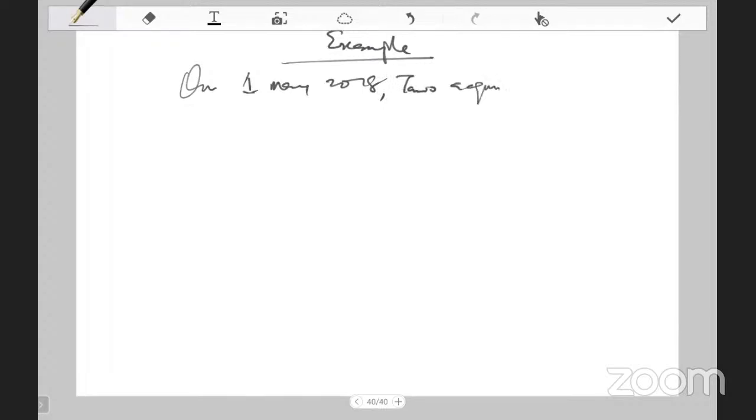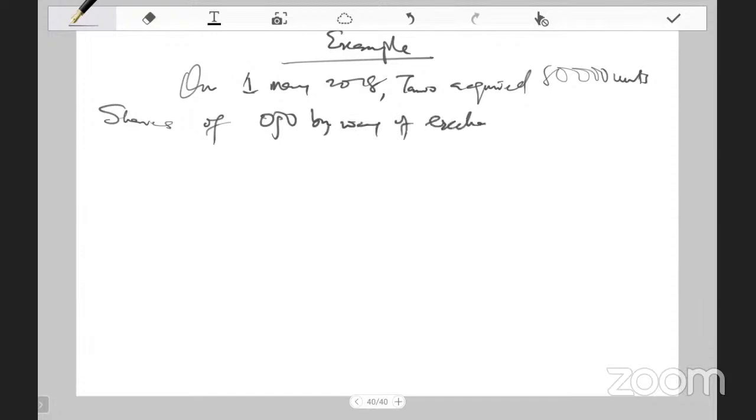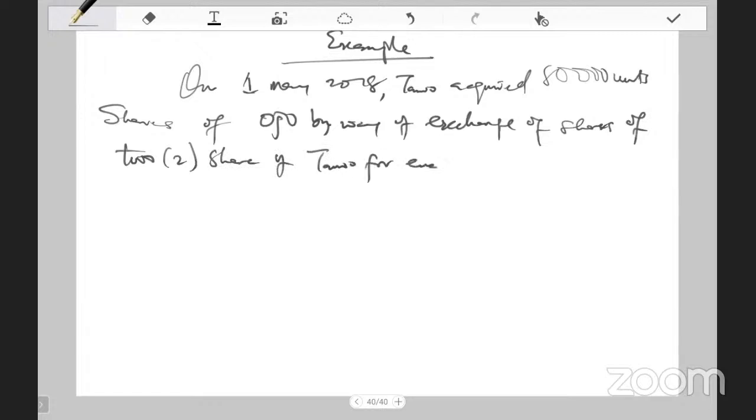Taiwo acquired 80,000 units of shares of Ojo by way of exchange of 2 shares of Taiwo for every 3 of Ojo.